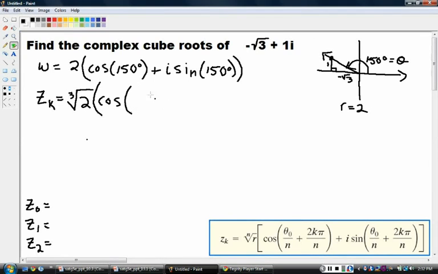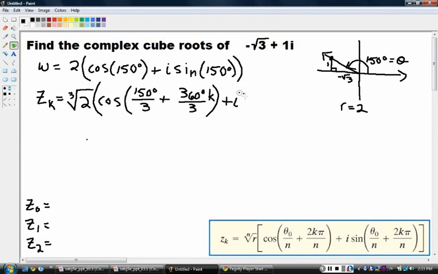Let's see, theta sub 0, what does that mean? Well, that's my angle for the number I'm taking the cube root of, divided by n, 3 roots, plus 2k pi, we're using angles here, so that's 360 times k, divided by 3. This is going to give me my 3 different angles.